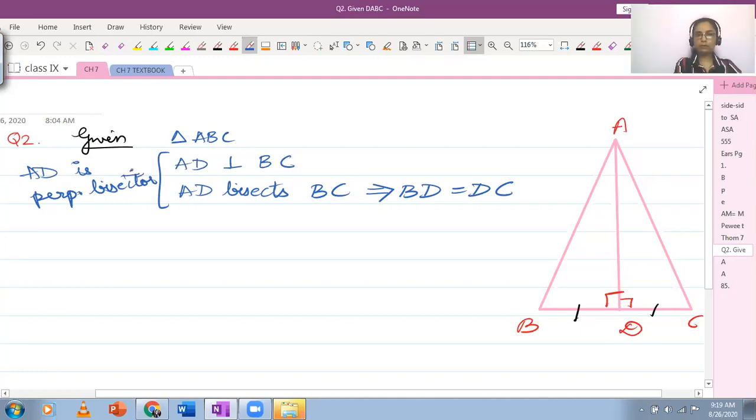So as you can see, I have written this. AD is perpendicular bisector. This will give you two results. AD is perpendicular, 90-degree angles formed. You can number these as 1 and 2 if you want. And then second thing is AD is bisecting BC. The two parts are equal.